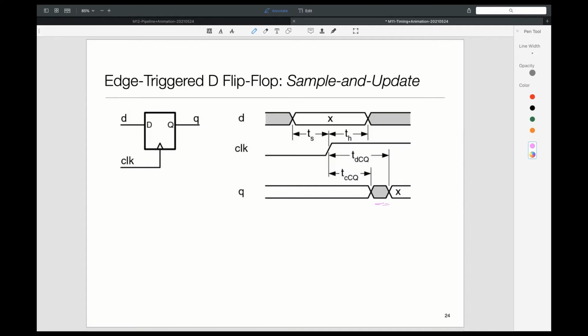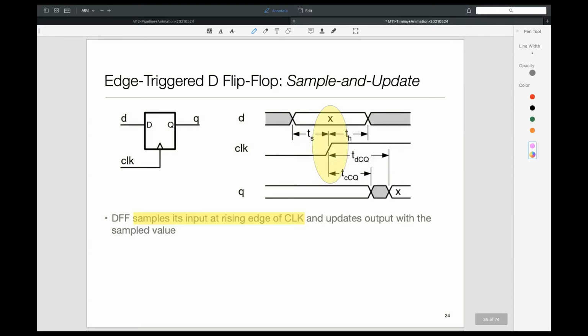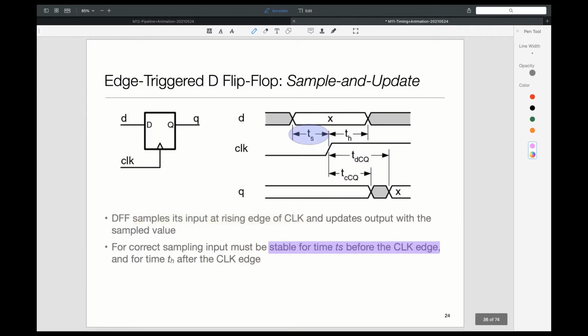One is, how much before the clock edge we want the input to remain stable, and that is TS. We require that for some time T sub S, the input D should have a stable value prior to the clock edge. And that is referred to, as we'll shortly see, as setup time.